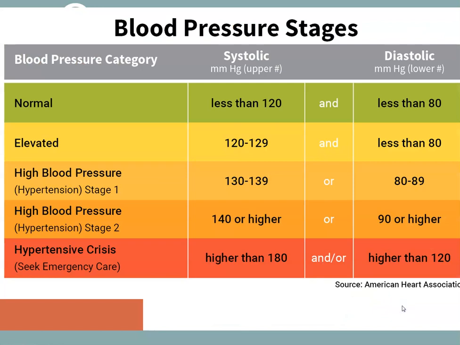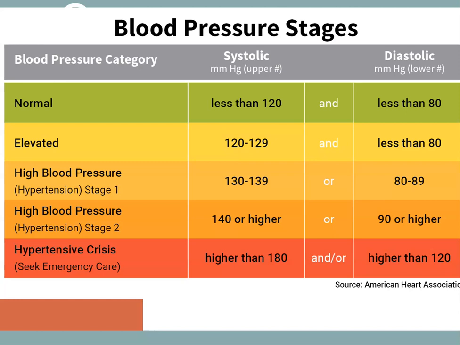So you do need to know the different stages of the blood pressure scale. Normal, again, is systolic less than 120, diastolic less than 80. Elevated is if your systolic is 120 to 129 and your diastolic is still less than 80. You're still considered to be elevated.